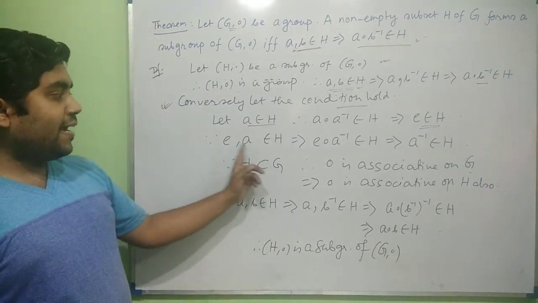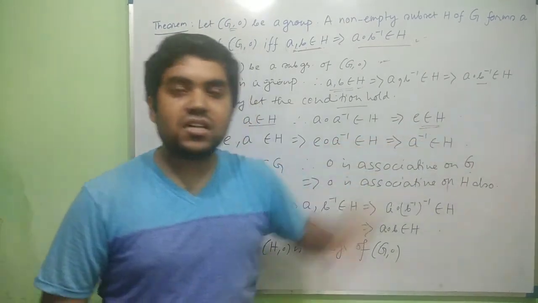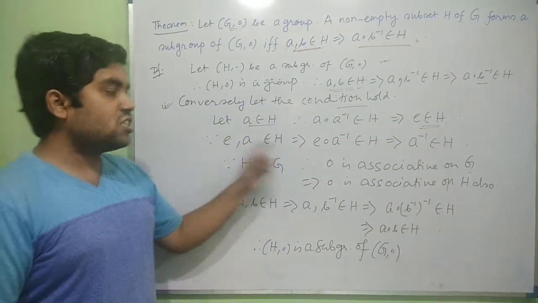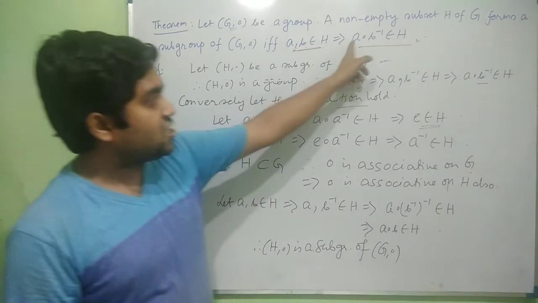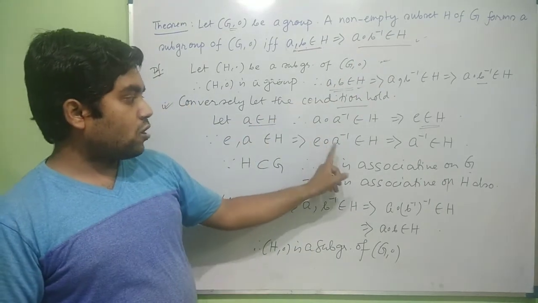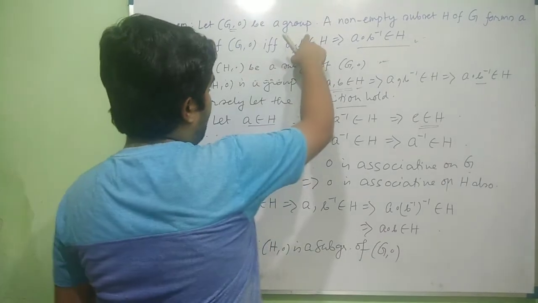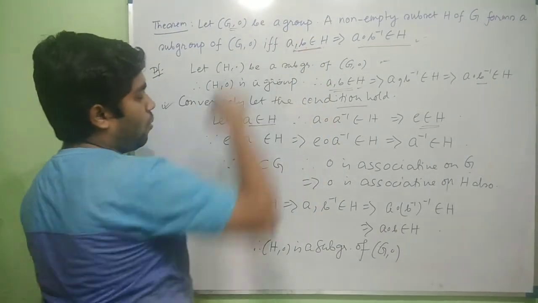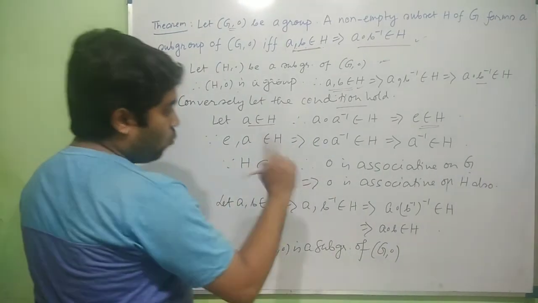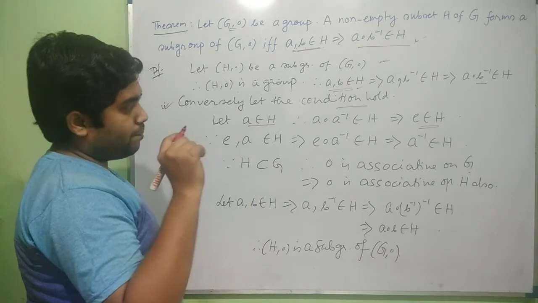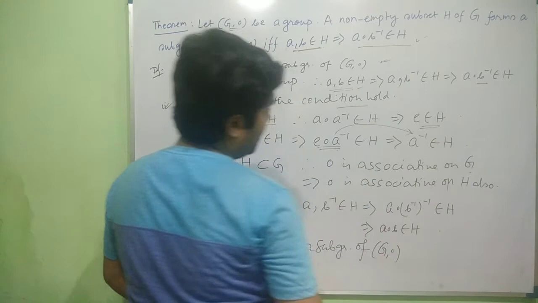Next, E and A both belong to H, because we have already proved that the identity element is in H and A is considered to be in H. So from the condition, E naught A inverse is also in H. Here A is performing the job of B and E is performing the job of A. We know that if we compose any element with the identity, it returns the same element.